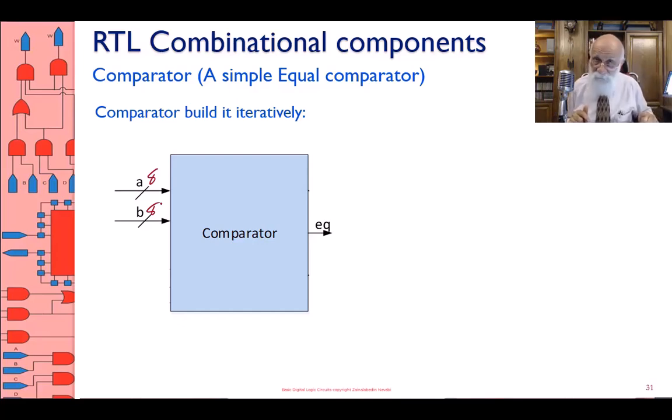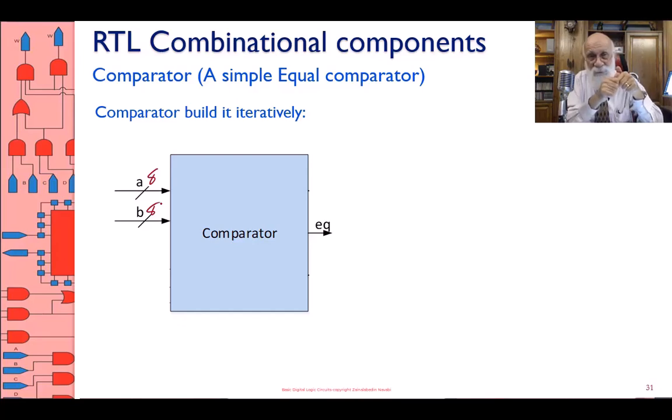How do we go about this? Look, if I give you two decimal numbers and ask you to compare them, if the numbers are large, what you do is you start from the left-hand side.